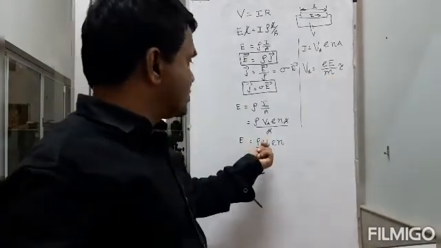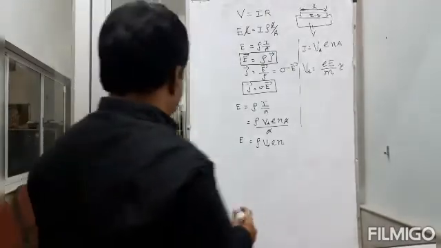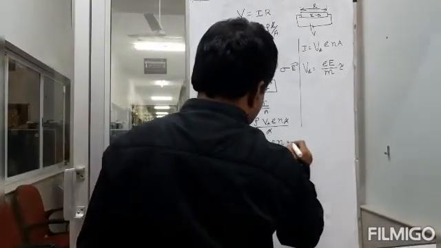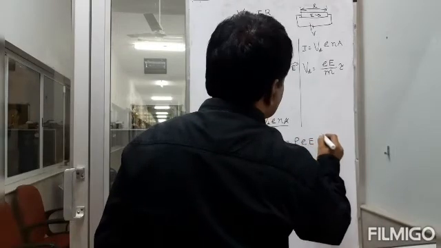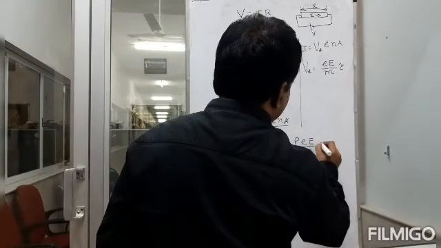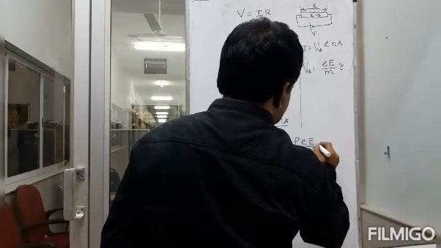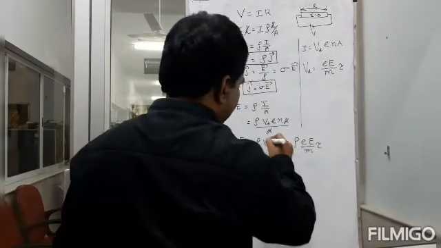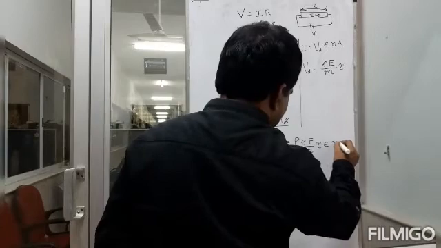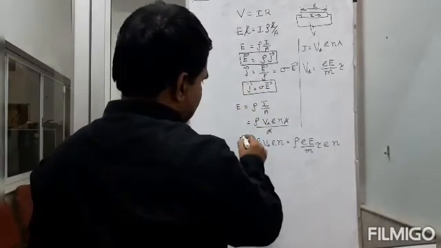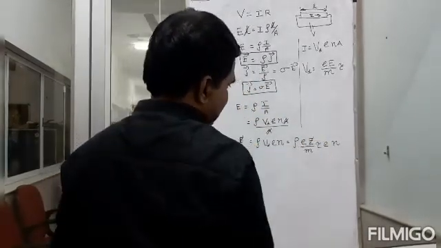So if I were to use it here, what am I going to get? This is going to be equal to rho into eE by m into tau, that's for v_d, and then e, and then n. So this E and this E will cancel.